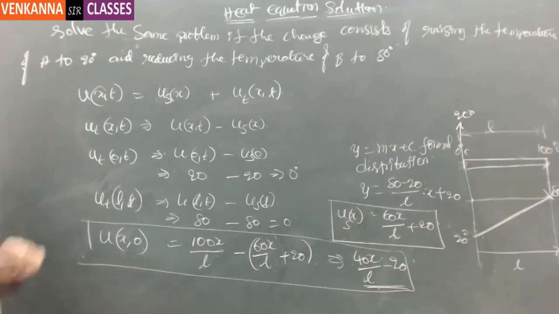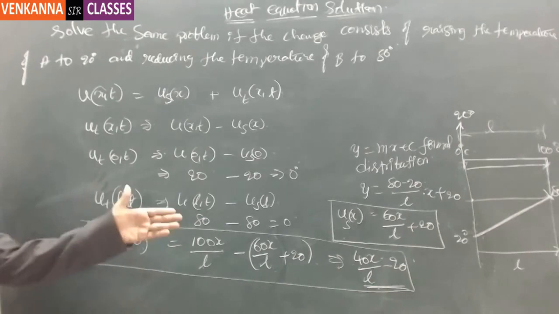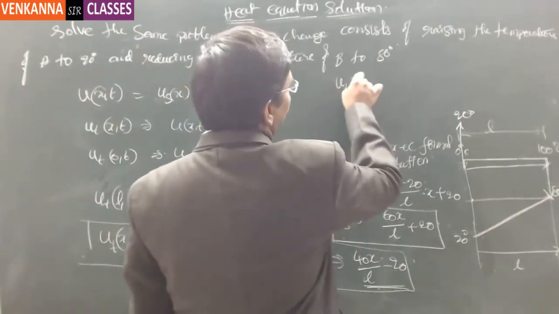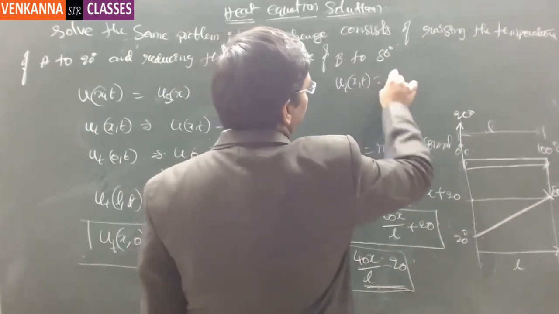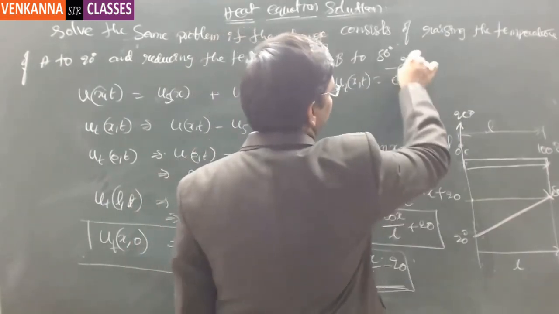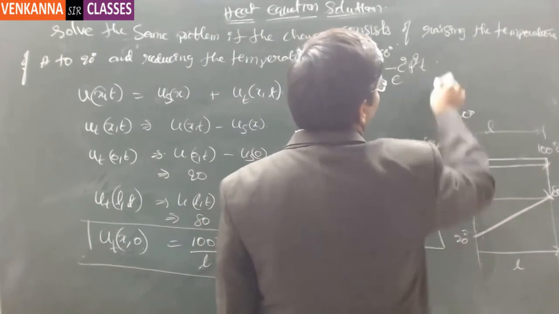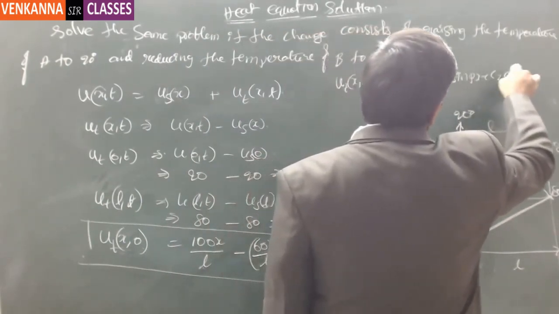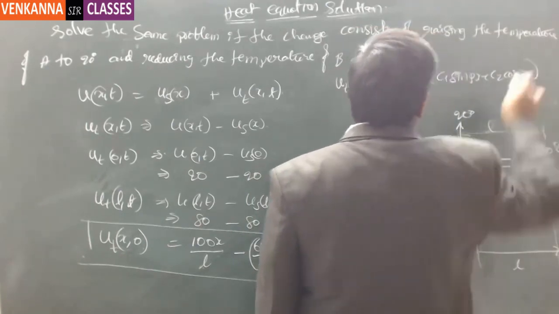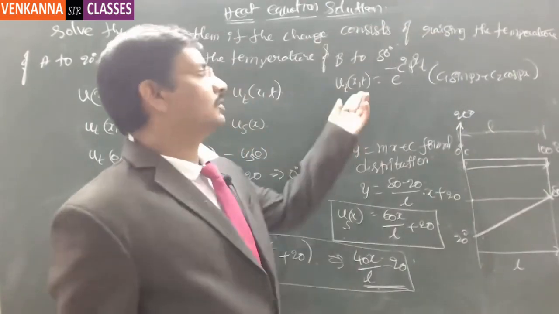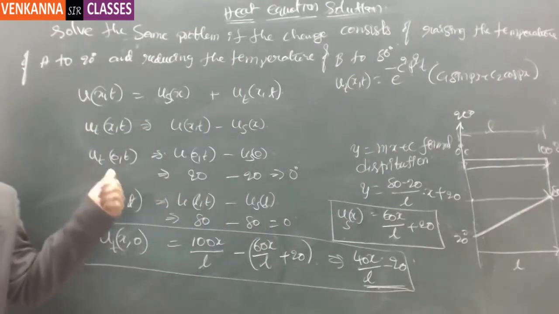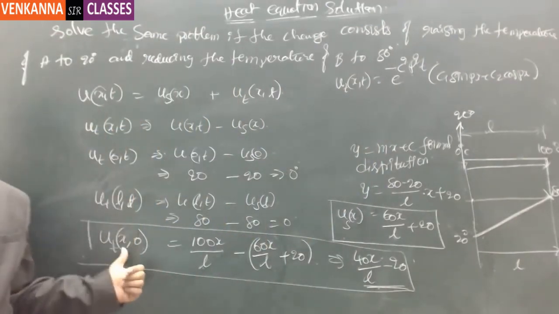Now, once you are able to find the transient solution based on these conditions, the general solution of u_t of x comma t is interpreted as e power minus c square p square t into C1 sin Px plus C2 cos Px. This is how you will take it, and at t equal to 0, the initial conditions. You will be substituting 0 comma t, L comma t and x comma 0.